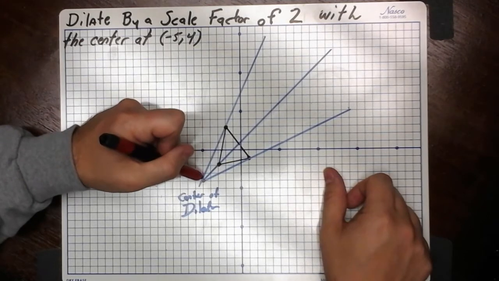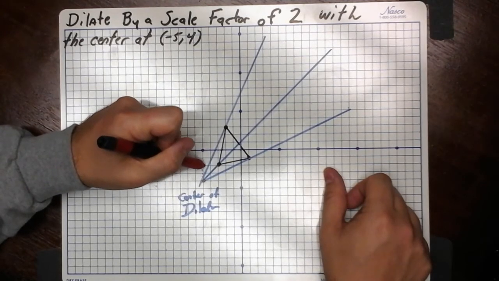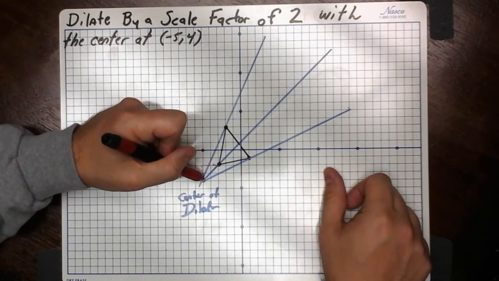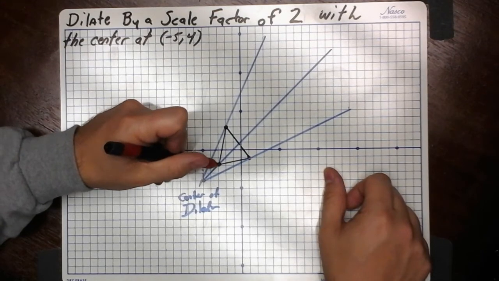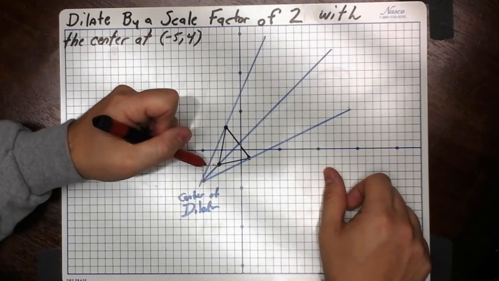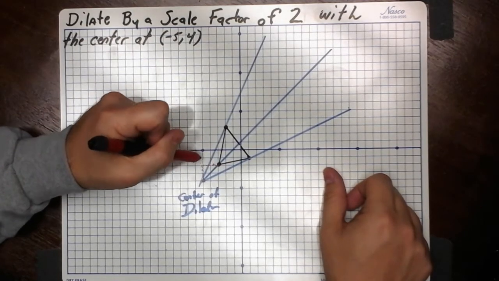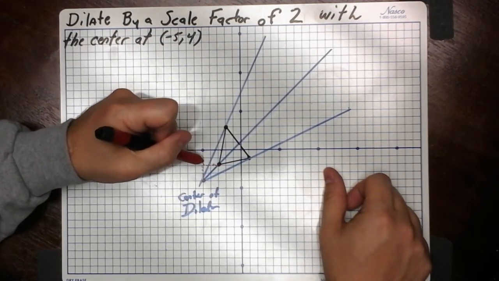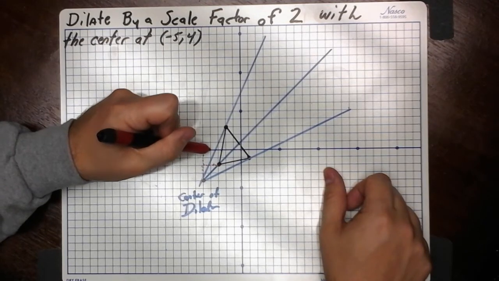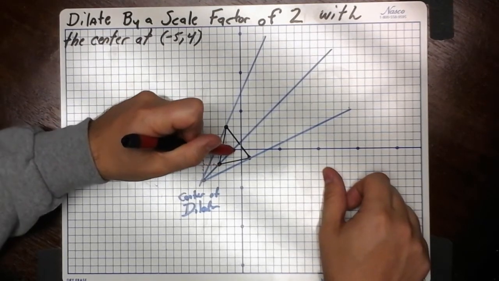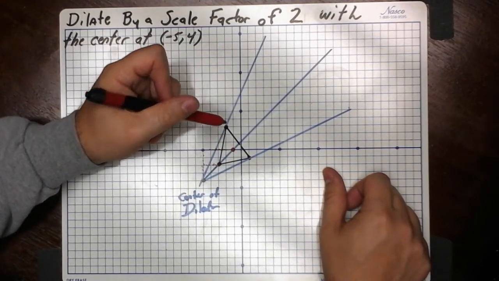So for this guy, I'm going to rise up 2 and run 2. When I double that, rise up 2 and run 2 becomes rise up 4 and run 4, and I end up over here.